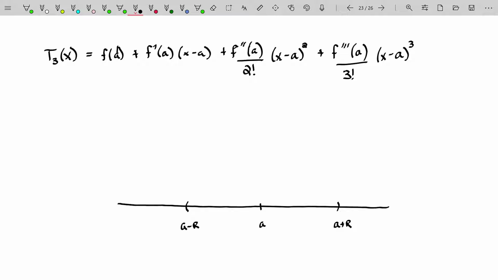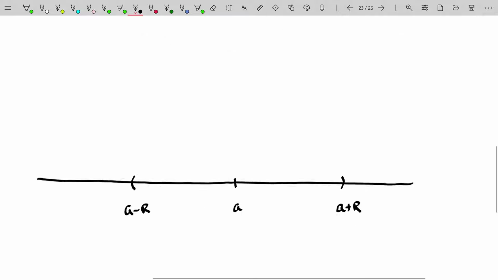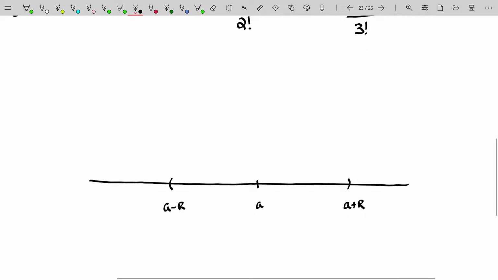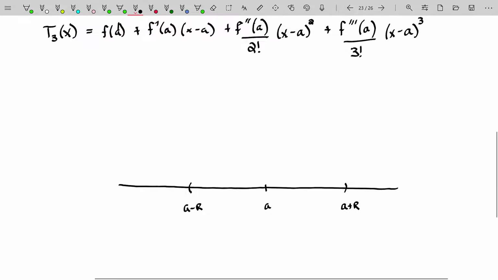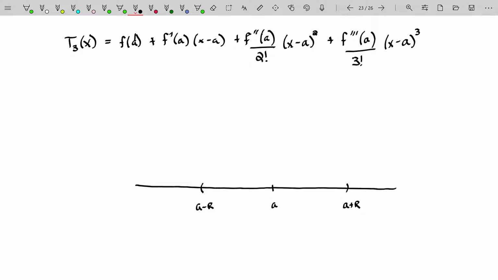First of all, generally speaking, your Taylor polynomial or your Taylor series expansion has a radius of convergence that is non-zero. Now, there are times when you have a radius of convergence that is equal to 0, but for right now, we're going to assume that our radius of convergence is greater than 0. And let's pretend that the function that we're trying to approximate looks something like this.